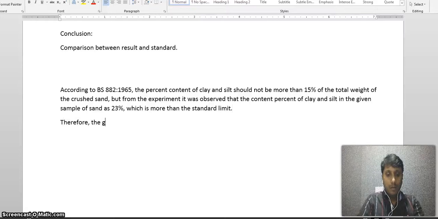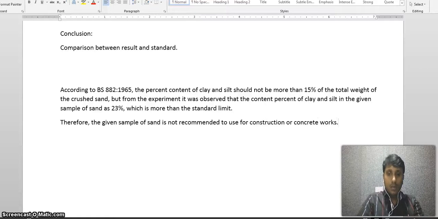Therefore, the given sample of sand is not recommended to use for construction or concrete works.